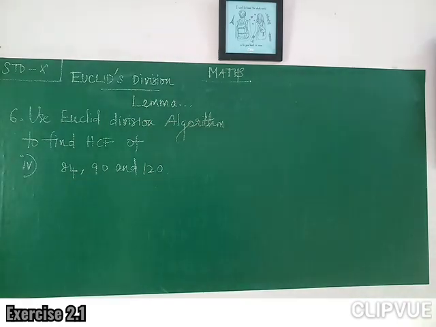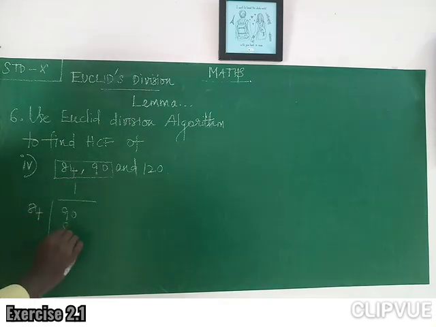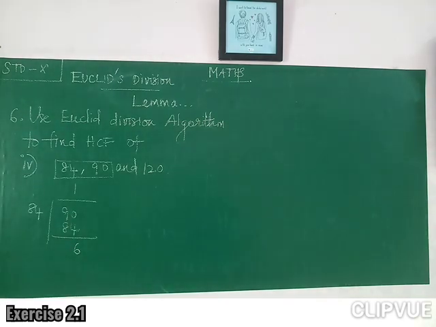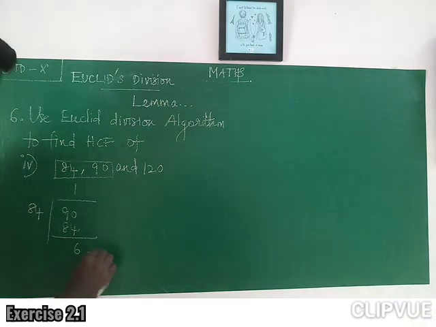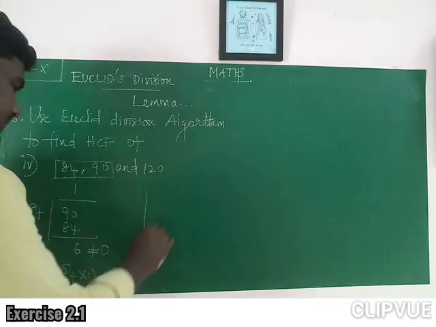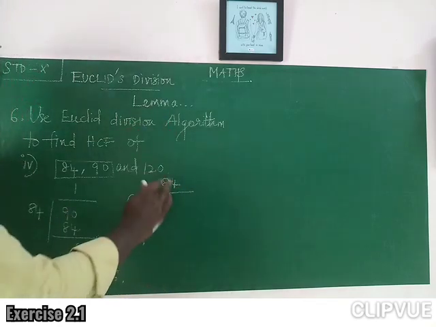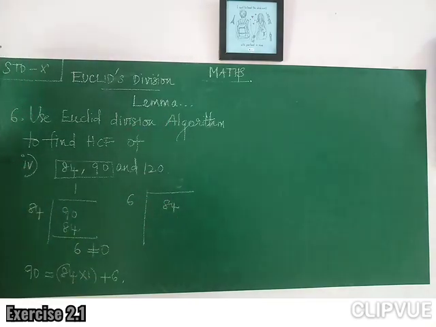84 and 90. Here 90 is the biggest number, so I am going to take it as the dividend. 84 is the divisor. 1 time 84, remaining 6. It does not leave the remainder 0. You write like this: this 90 can be written as 84 into 1 plus 6. The next, this 6 is the divisor and this 84 is the dividend.